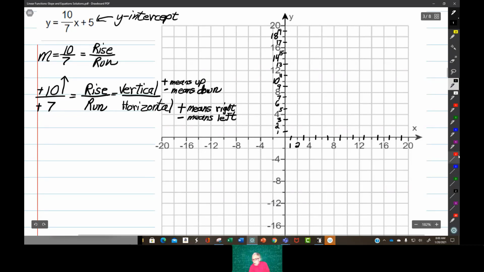Let's make a big old blobby dot right there. Now I use the slope as a road map to get from one point to another. Use slope as a roadmap.